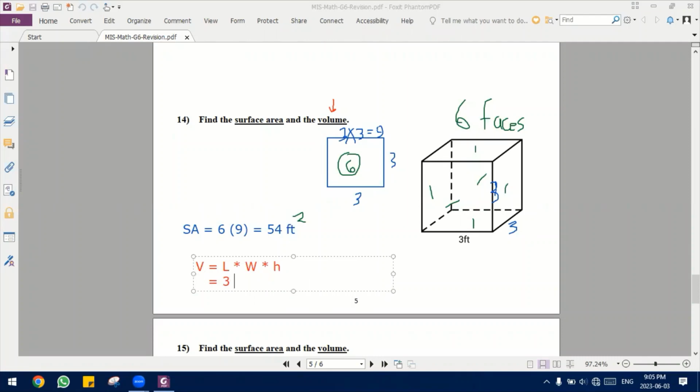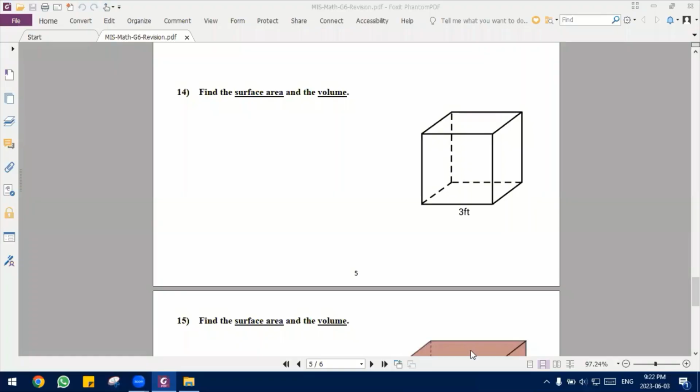The length is 3. The volume of the cube and the cuboid is equal to length times width times the height. So here we have a cube.